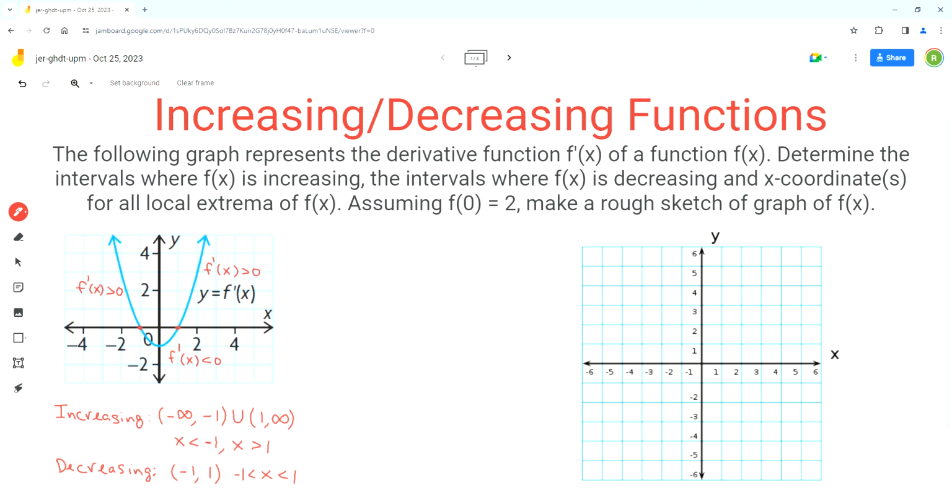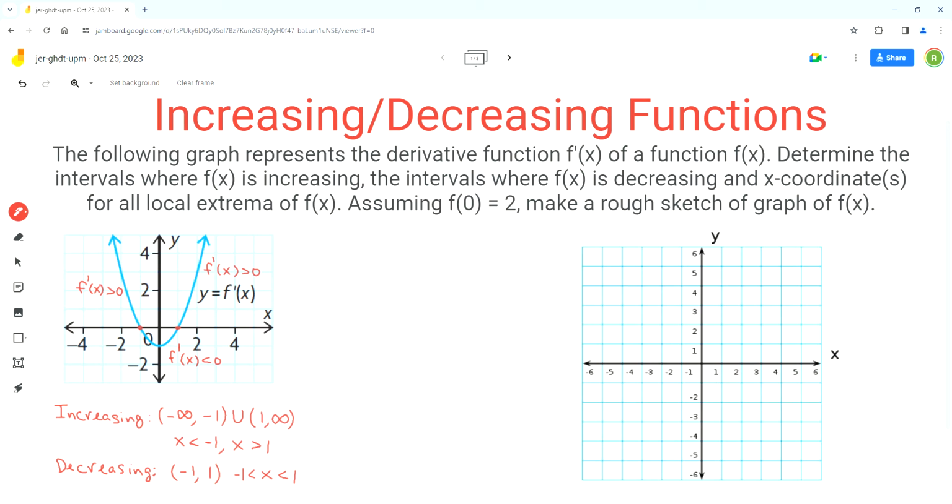Now we can find the x coordinates for all local extrema. For that we'll analyze the two x-intercepts. At x equals -1, the sign of f prime of x changes from positive to negative because at the x-intercept -1, the graph goes below the x-axis from left to right.